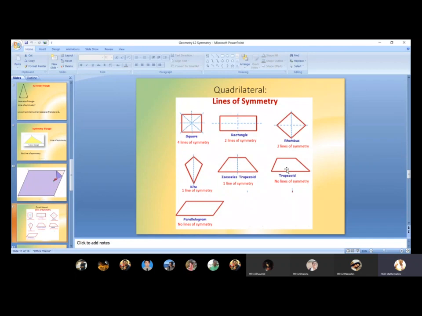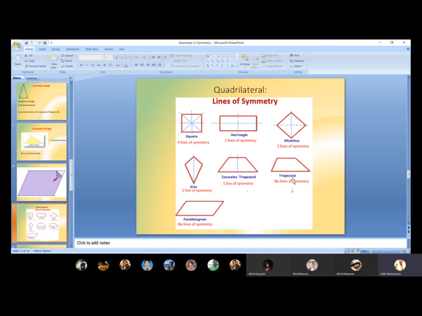Another thing, sometimes students are confused about the isosceles trapezium and the trapezium. If I say just trapezium or trapezoid, whatever it is, it has no line of symmetry. But if I say isosceles trapezium, isosceles means two sides are equal. So whenever a trapezium has two equal sides, it will have one line of symmetry. Remember, this is the actual confusion.